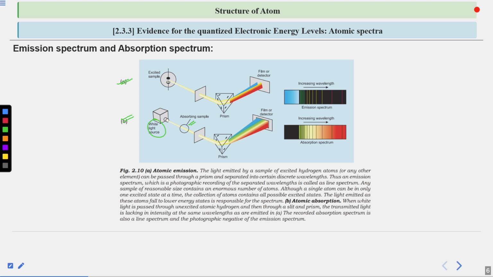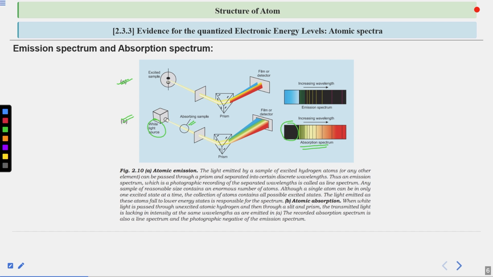Now you can see in the detector, this is the image of the detector. It's very clear here that there are black parts and there are colorful parts. This black part is indicating that this specific part of the total spectrum, which is simply a collection of 7 colors, is being absorbed by the absorbing sample and the rest of it is there on the detector.